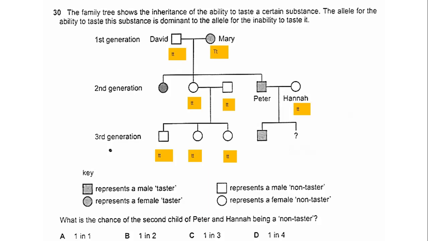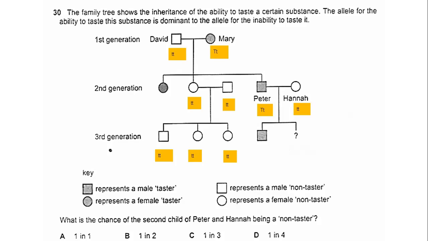And in order to have a homozygous recessive offspring, we must have one recessive allele from the father and one recessive allele from the mother. So the mother must have a recessive allele, which means she is heterozygous. So now we know that the mother here is heterozygous, and accordingly, this person here is heterozygous too. Why? Because the father here is homozygous recessive.